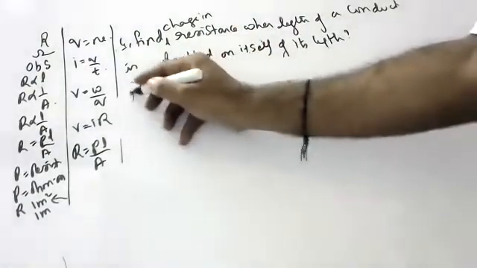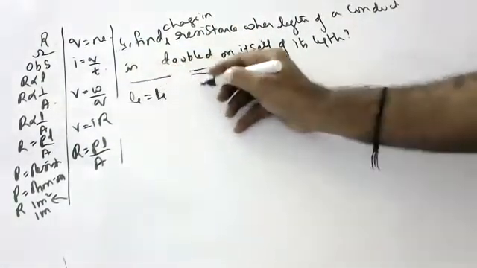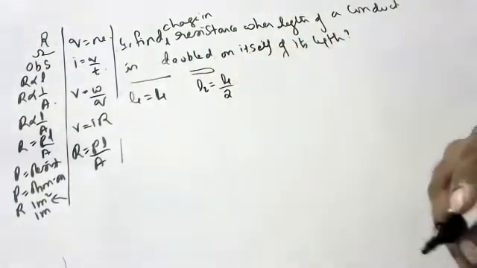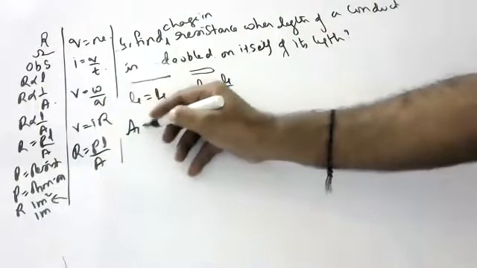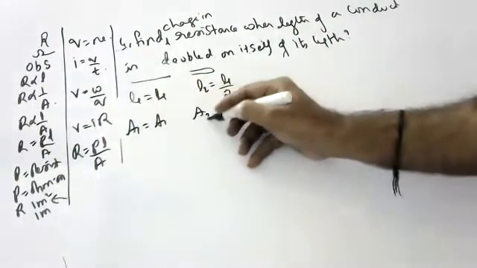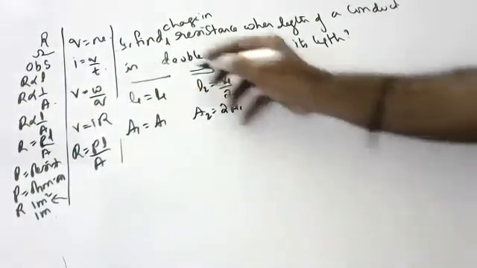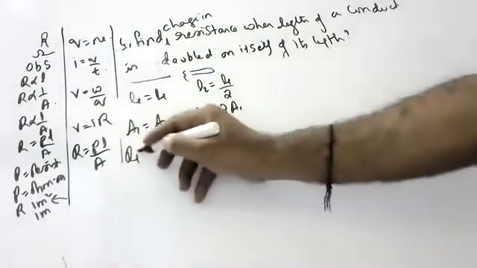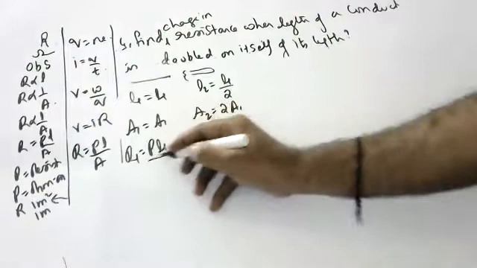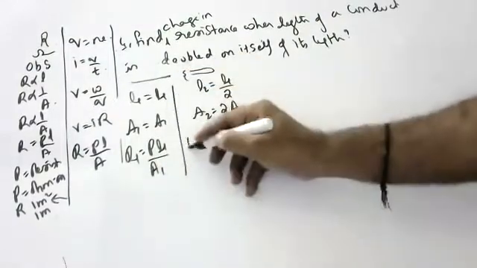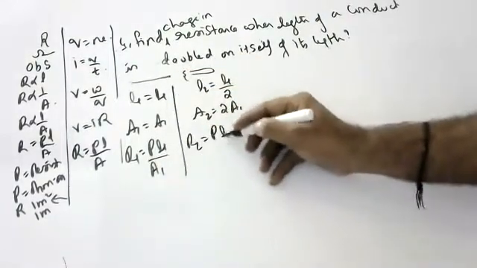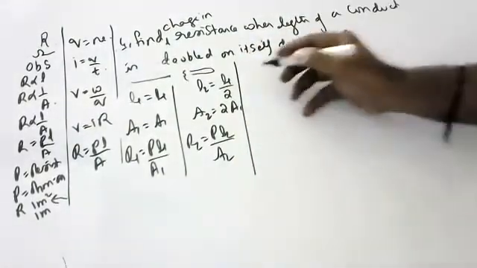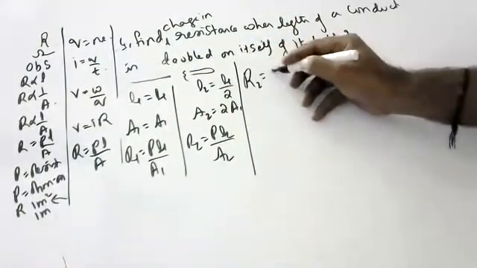L1 is L1. What is L2? L1 by 2. A1 is A1. What is A2? 2 times A1. Yes, the area will become double. R1 is rho L1 by A1. R2 is rho L2 by A2. Now I will show you the clarification. R2 is equal to rho.